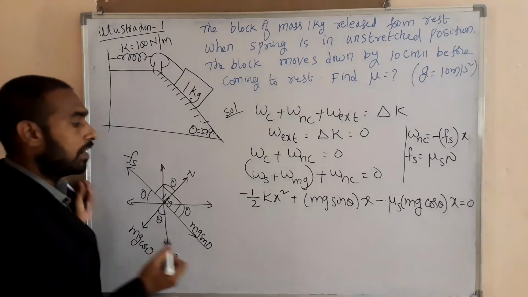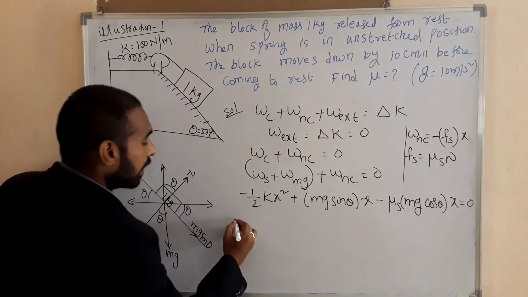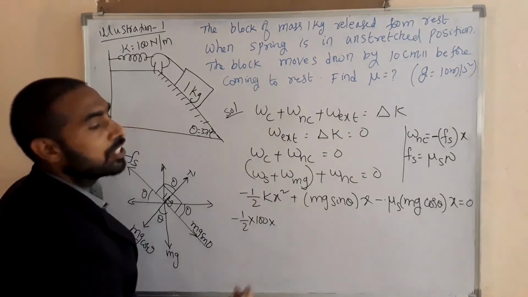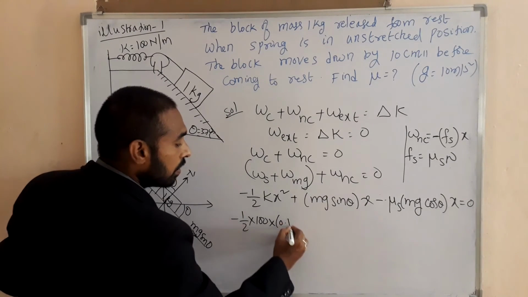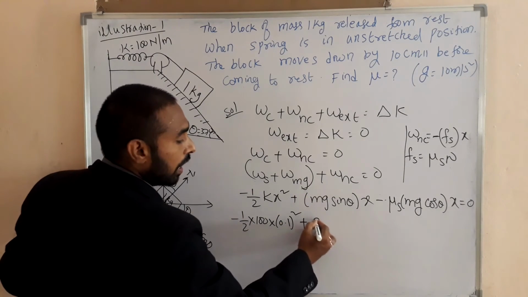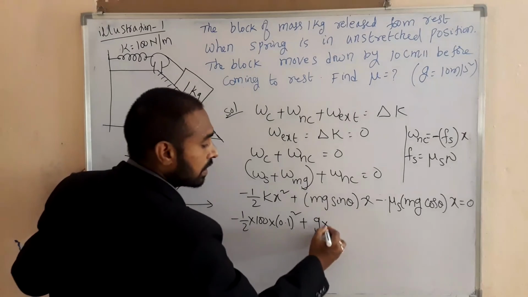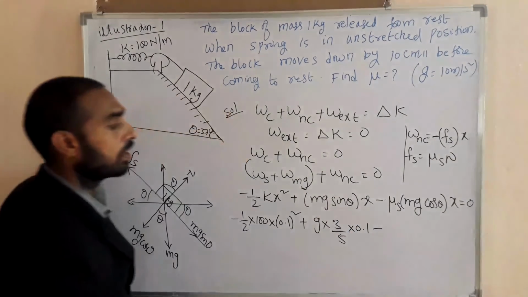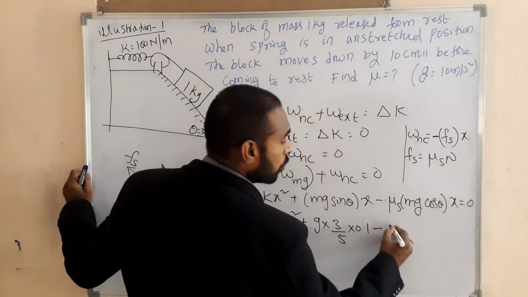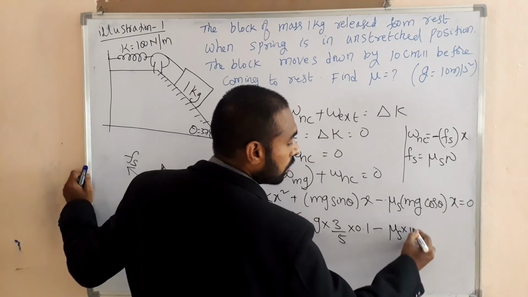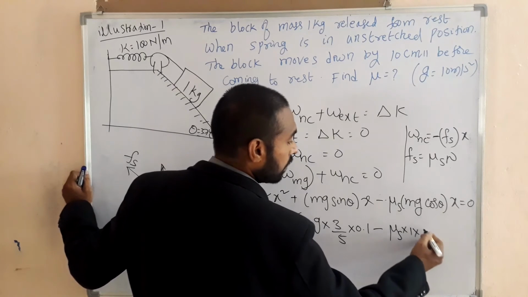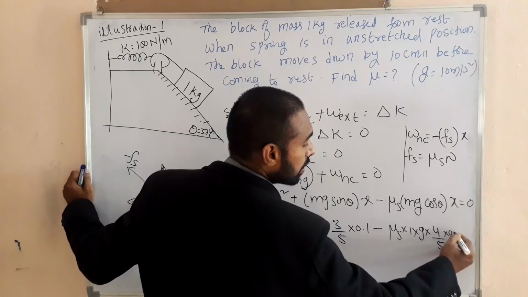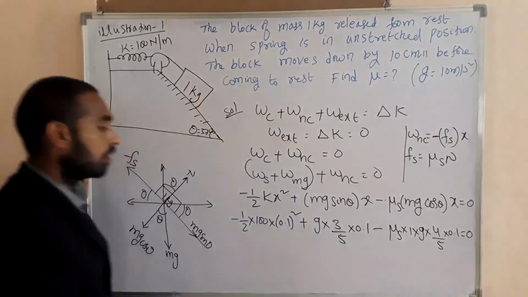Now we can substitute the values. The k value is given as 100, so minus half into 100 into displacement 0.1 meters squared, plus m is 1, sin 37 is 3 by 5, and displacement is 0.1 meters. Mu s is the coefficient of friction that we need to find out. M is 1, g value you can take as 10, cos 37 is 4 by 5, and displacement is 0.1 meters.